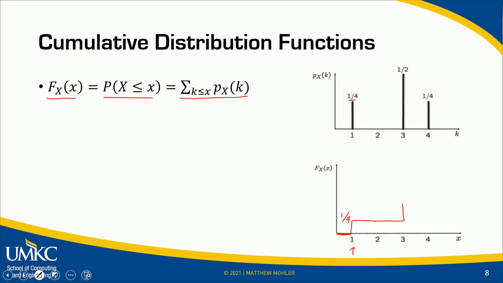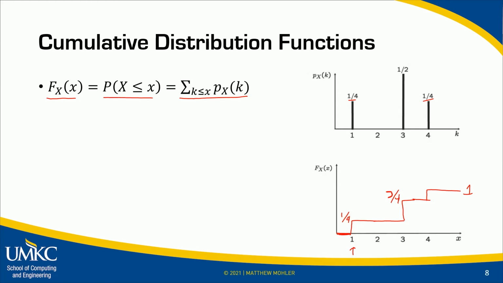And so at 1/2, we'll step again, and this is now 3/4. And again, that's just the 1/4 plus 1/2. And then that will step to 4, at which point we'll experience another step because of this 1/4, and we'll arrive at our end value of 1, our cumulative distribution of 1.